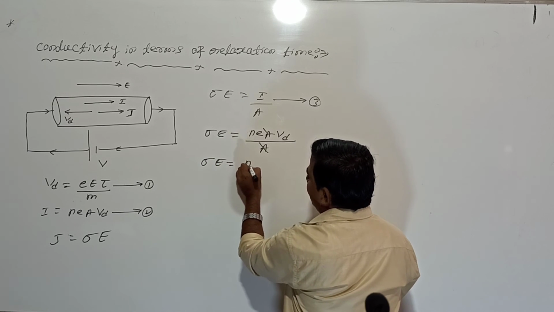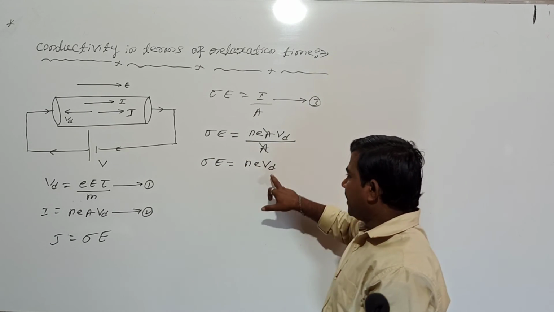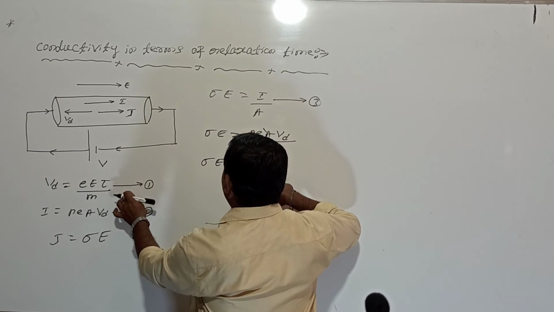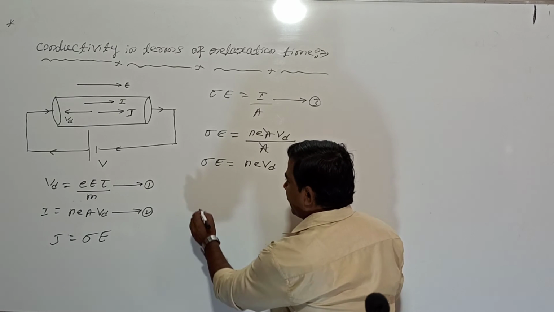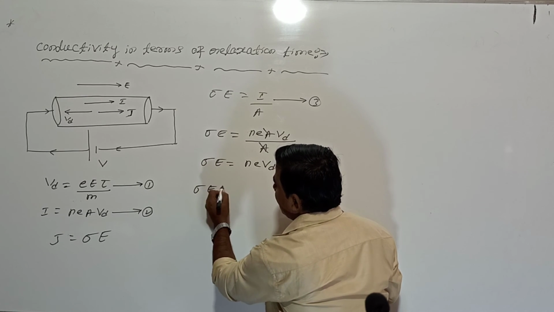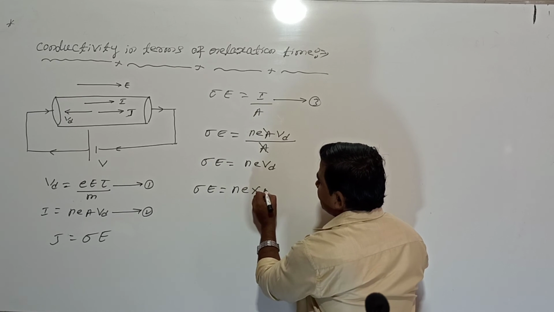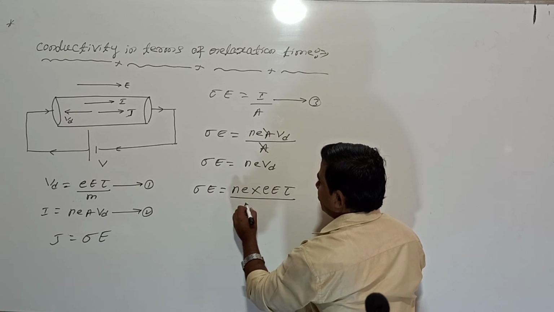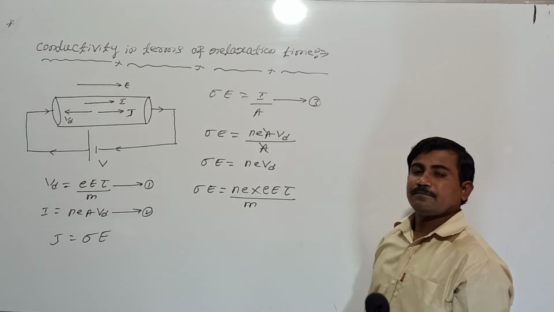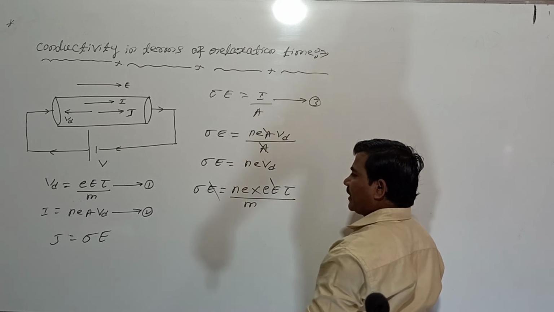Sigma into E equals n e Vd. Vd we can take from equation 1. Sigma into E is kept the same, n e also kept the same. What is Vd? e E tau divided by m. This electric field gets cancelled.